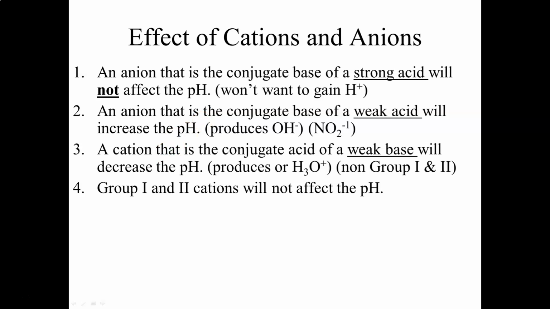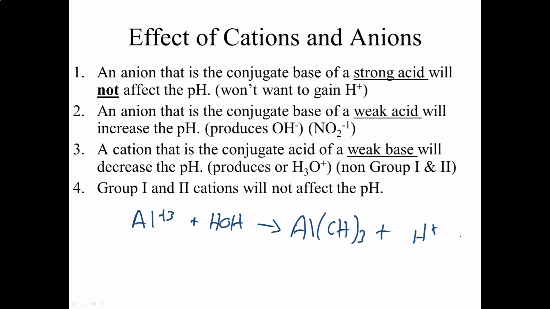A cation that is the conjugate acid of a weak base will decrease the pH. It'll produce H3O+. So you're talking about non-group 1 and 2. This is what I just went over. If you have something like aluminum, Al3+, plus water, you can get aluminum hydroxide plus H+.